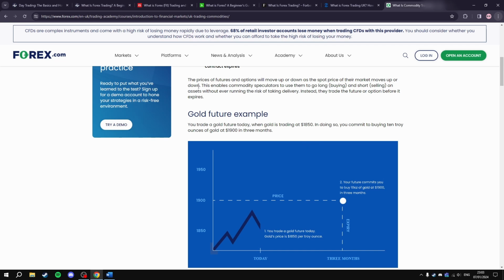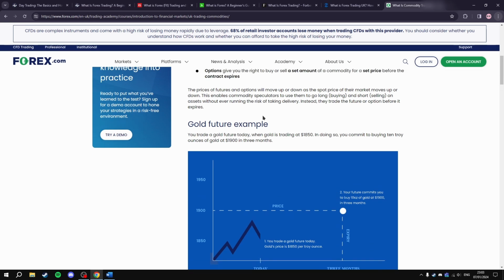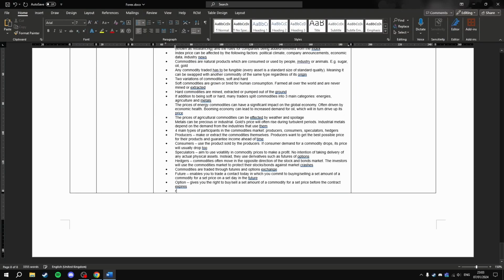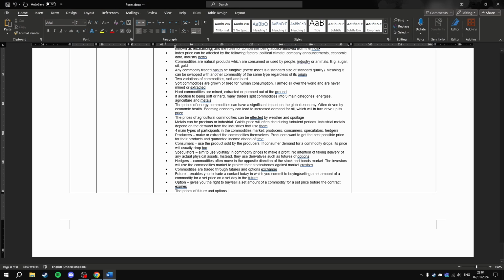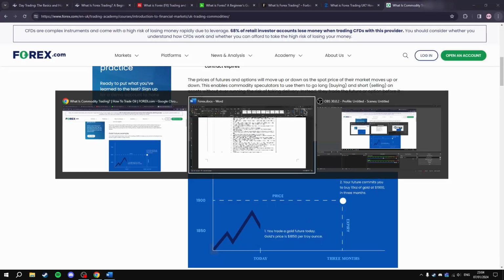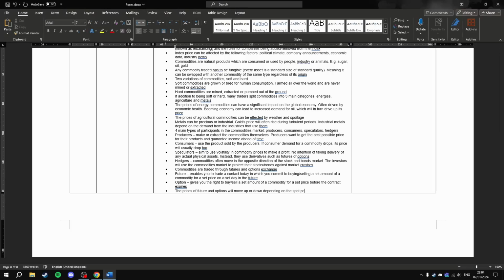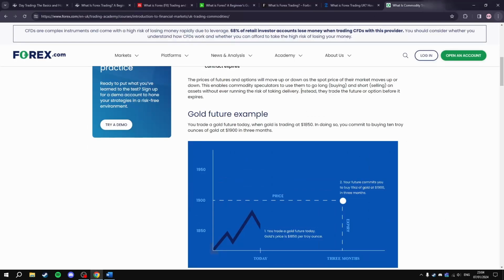The prices of futures and options will move up or down as the spot price of the market moves up or down, depending on the spot price.